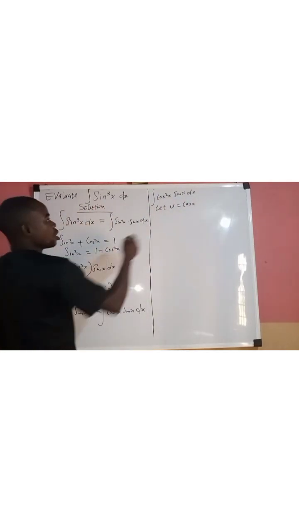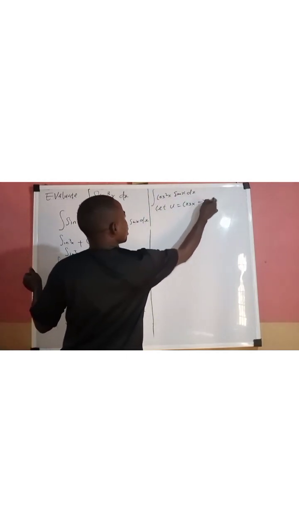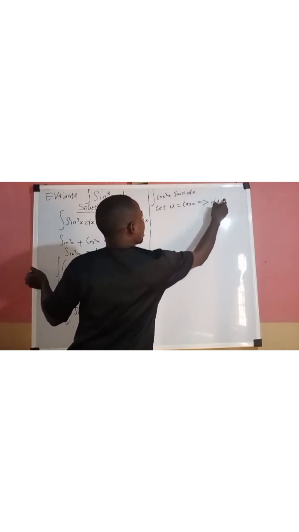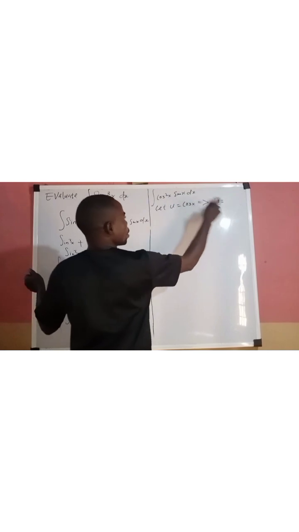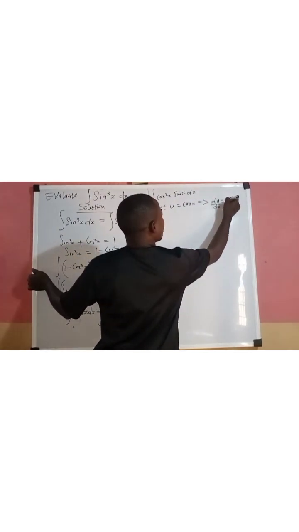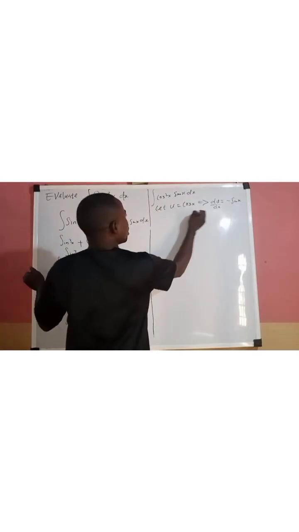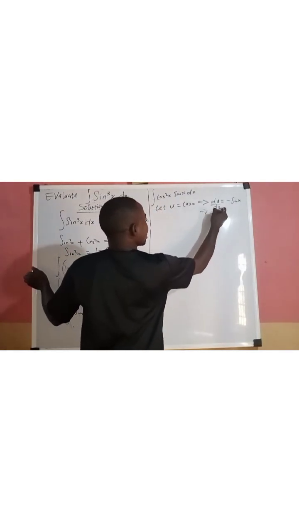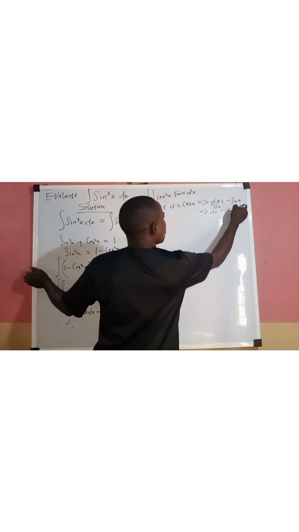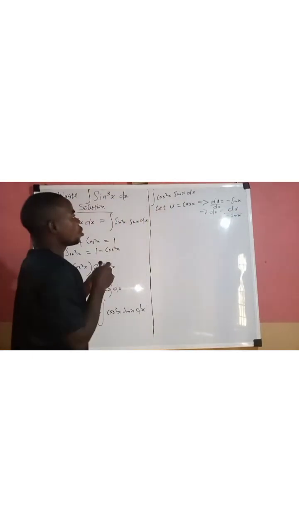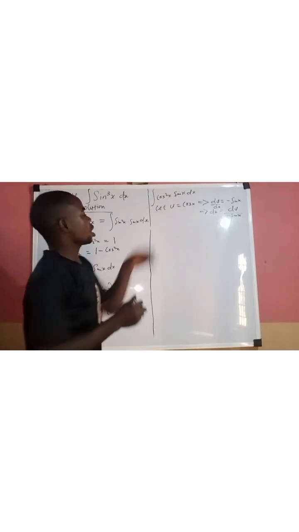If u is equal to cos x, this implies that du/dx, differentiating u with respect to x, will give us minus sine x, which implies that our dx is going to be equal to du divided by minus sine x. So we're going to substitute all of these.